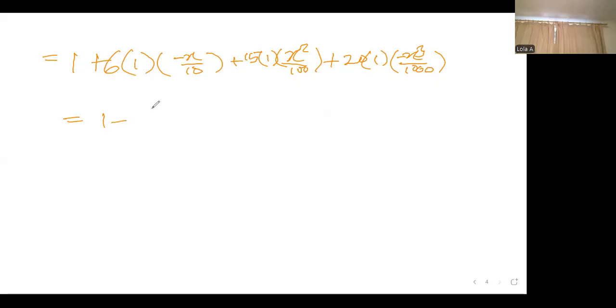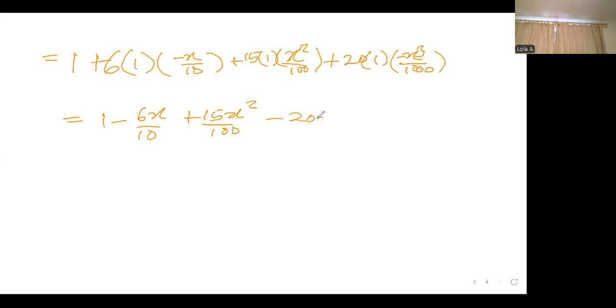Do you understand how I obtain minus? Because of the minus here. Yes, sir. I understand. Okay, so that will be minus 6x over 10, plus 15x squared over 100.